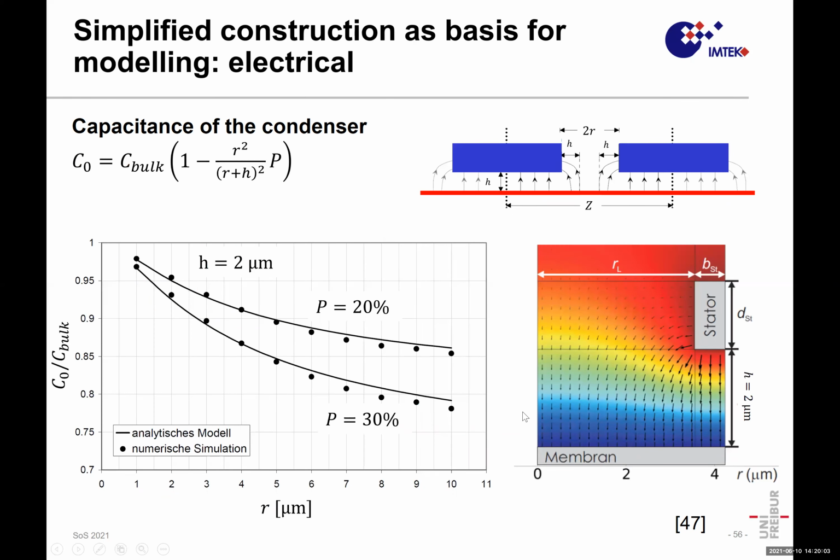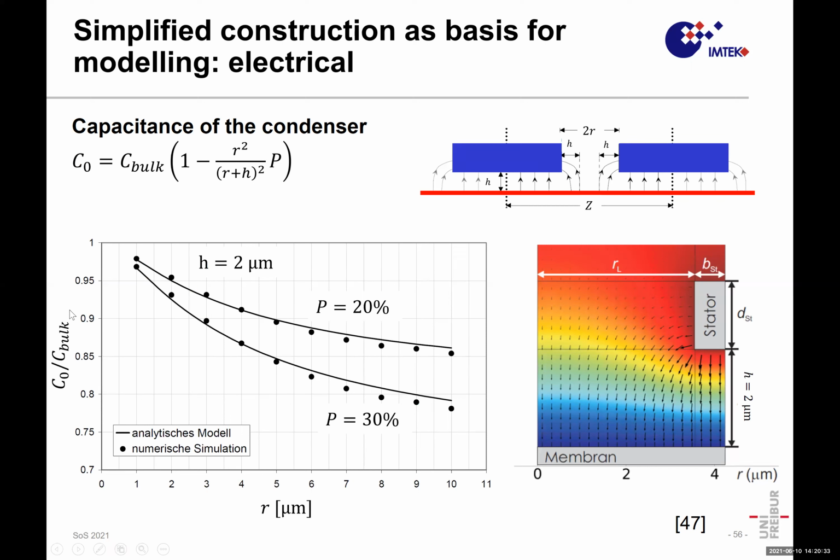These are even FEM simulations of the stray field situation that support the idea with the height correction. This simple analytical compensation compared with FEM simulation tells us that it holds quite well for a gap of 2 micrometer and perforation of 20 or 30%. It is more or less valid for up to some 10 micrometer.